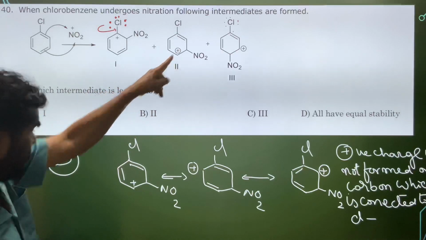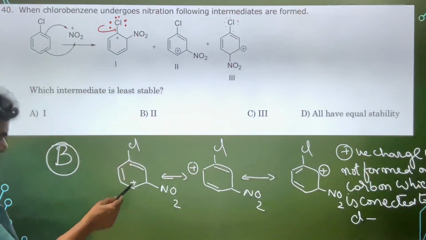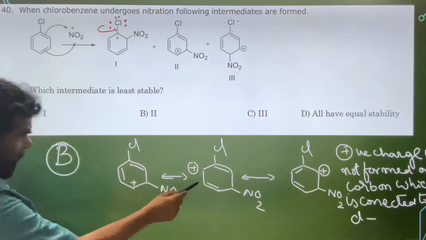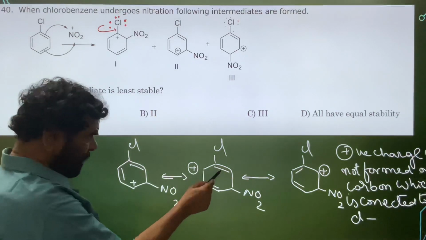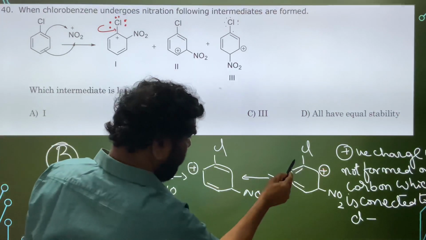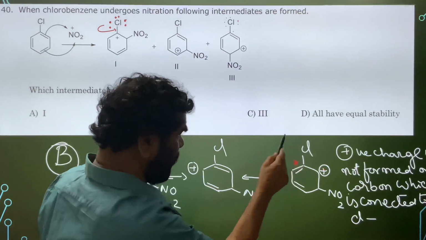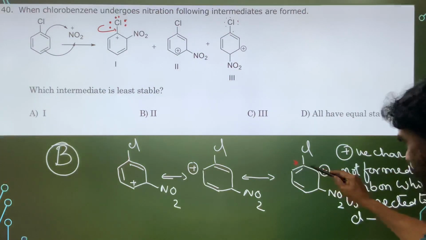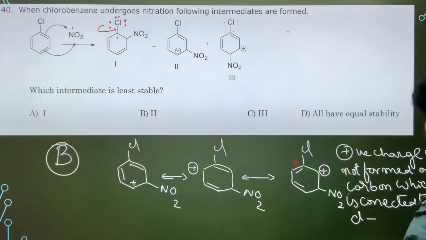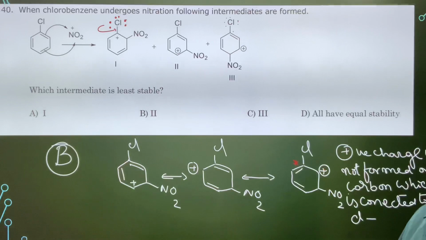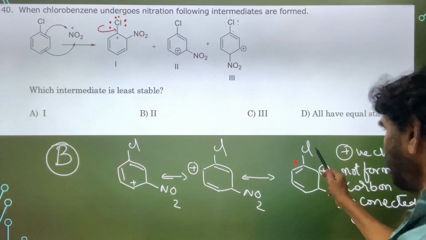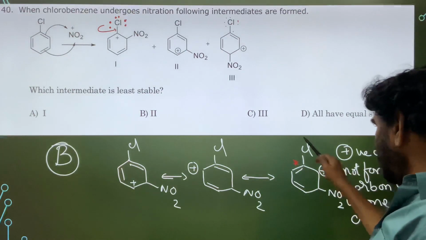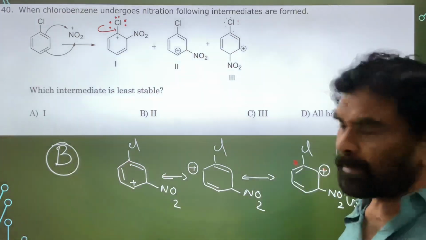Whereas in this case, I have taken the resonance structures. If they take part in the resonance, what happens? Carbocation is not forming on the carbon to which the chlorine is attached. Chlorine assistance is not possible here, because the chlorine is not stabilizing the carbocation; this is least stable.